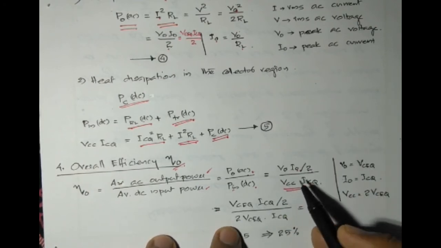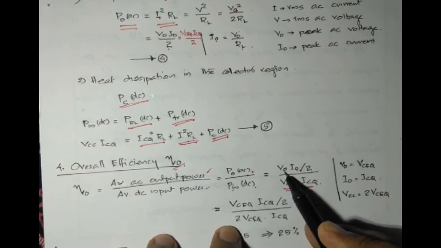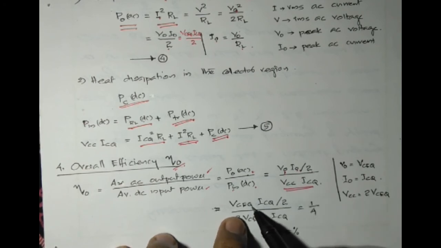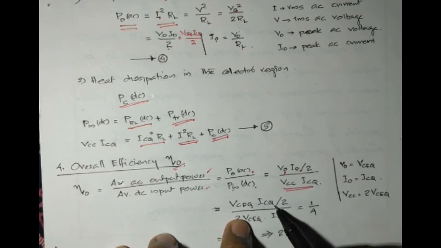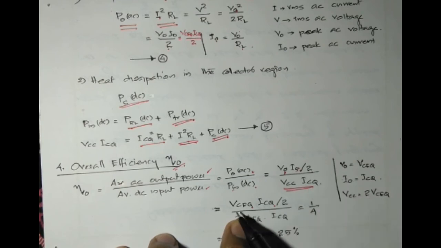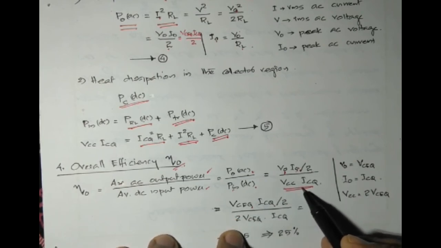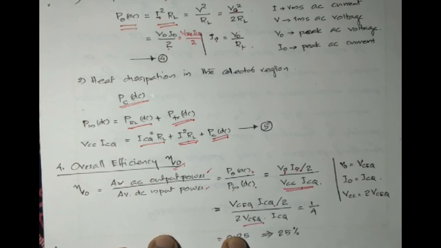Modifying this equation, we already know that V0 is nothing but VCEQ and I0 is ICQ. So you can write it as VCEQ into ICQ by 2 divided by VCC, which is 2 VCEQ from the AC load line, into ICQ.